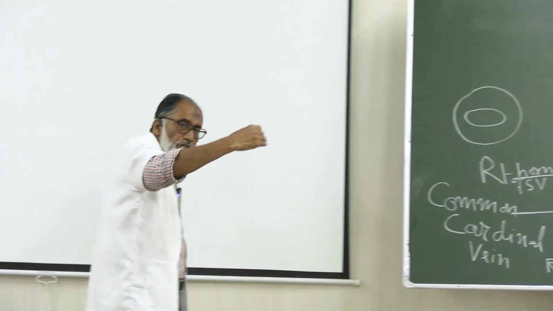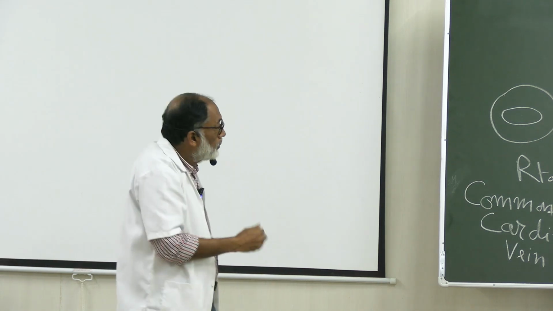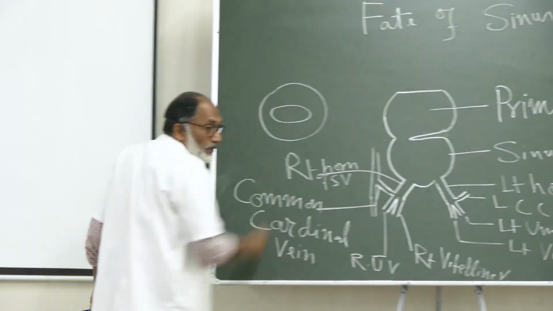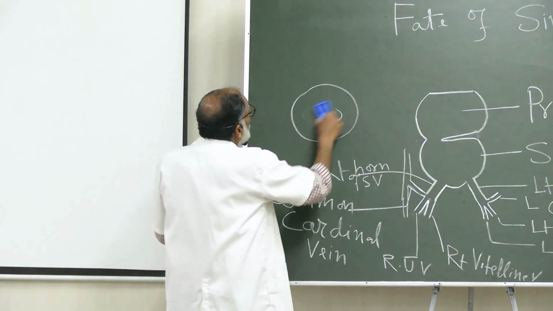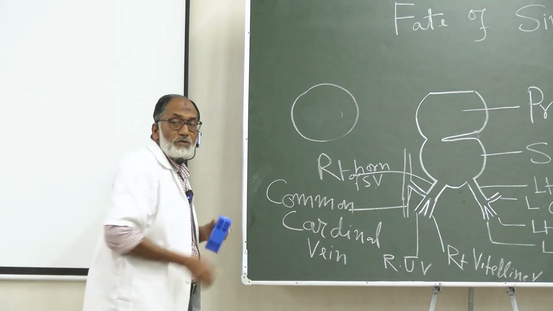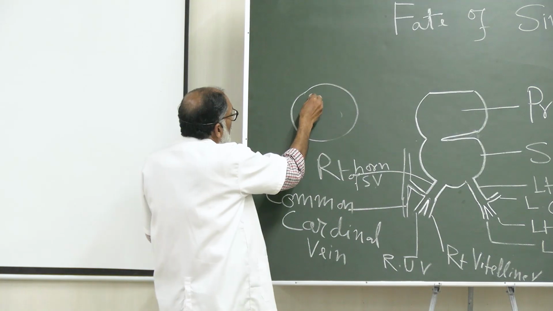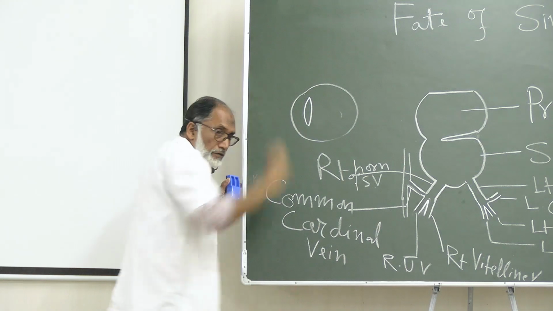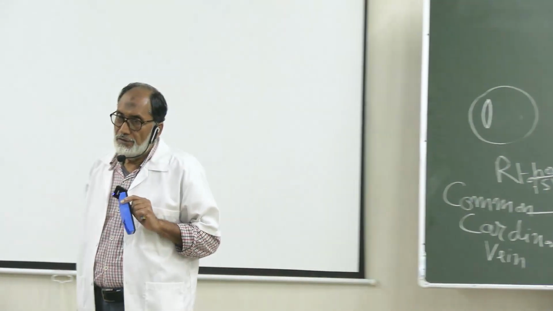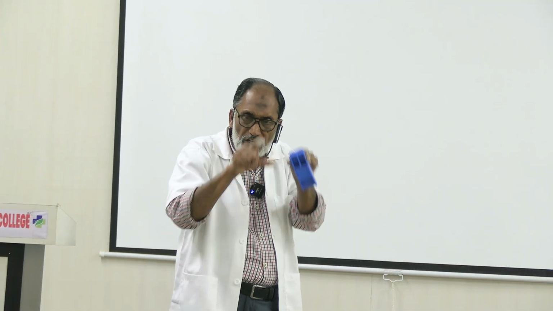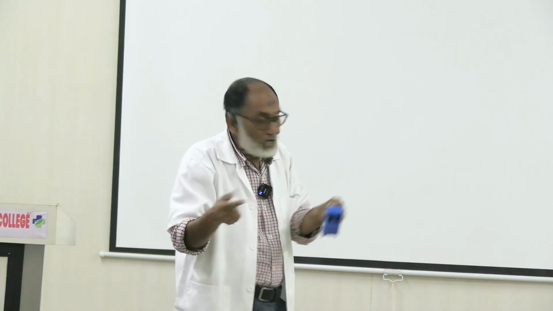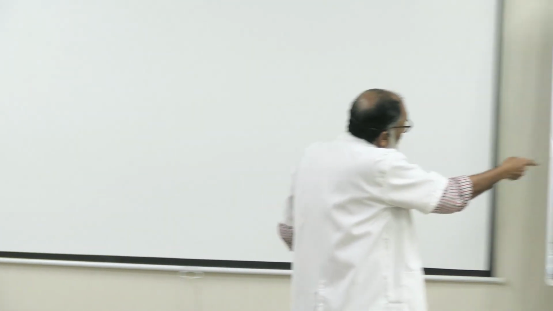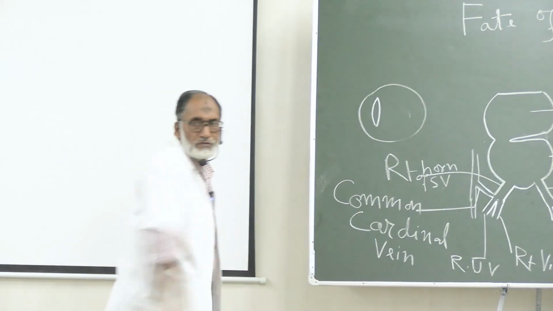It indents, or it grows inwards so much so that this opening ultimately will be transformed into a vertical slit. This opening will look like this. First it was a big opening, central in position, wide. Now because of this development, this opening has become like this.